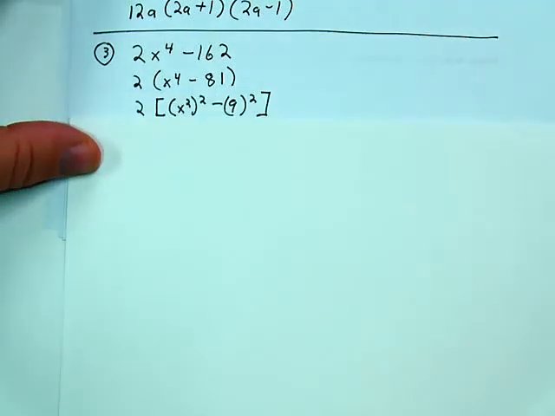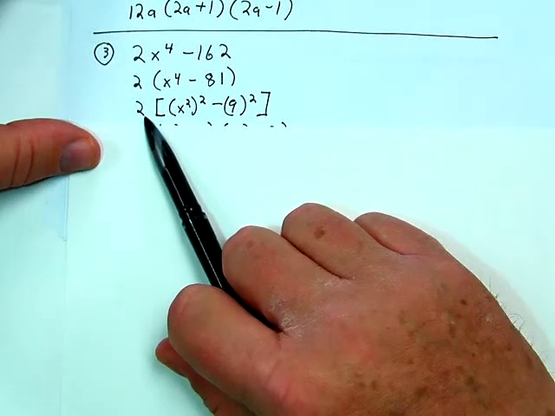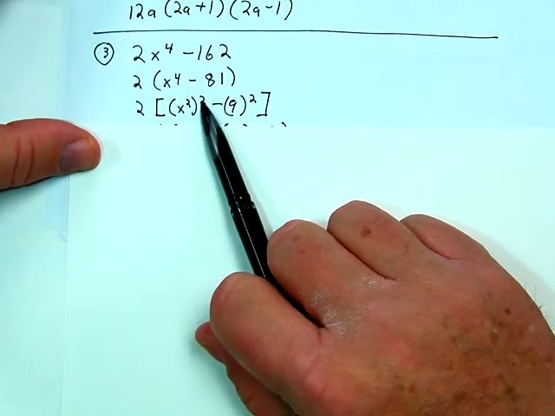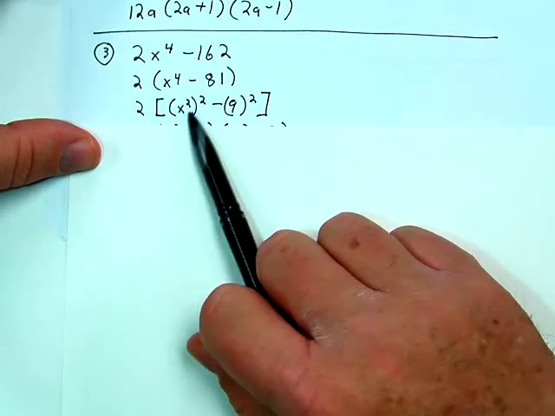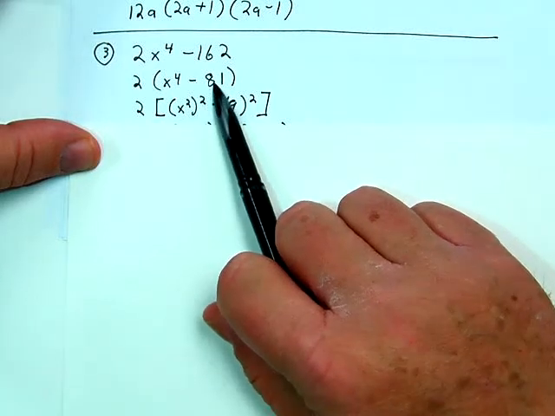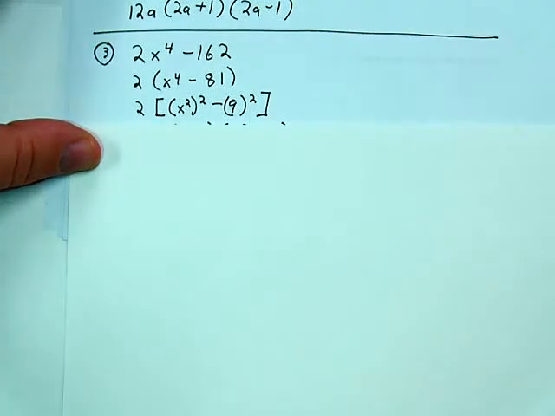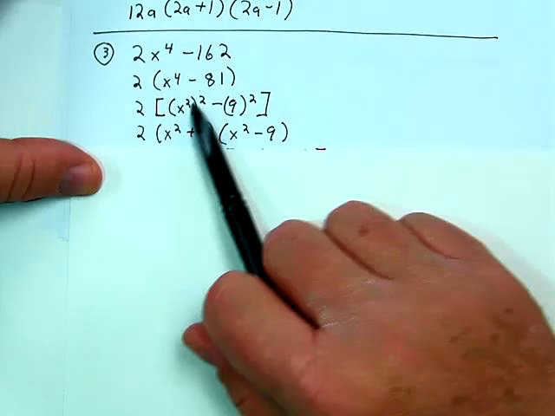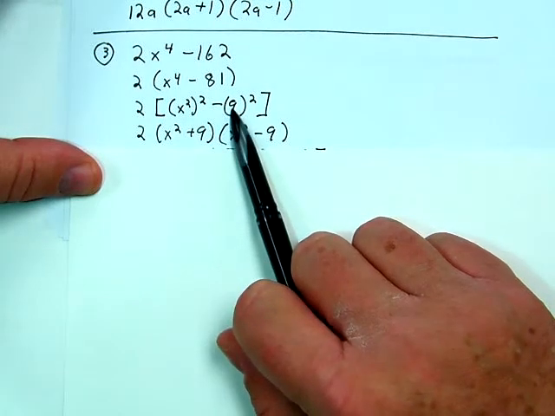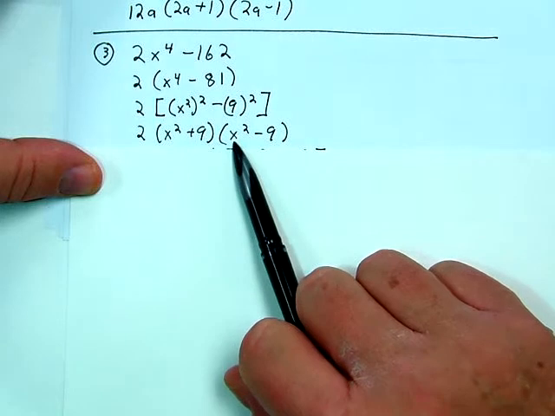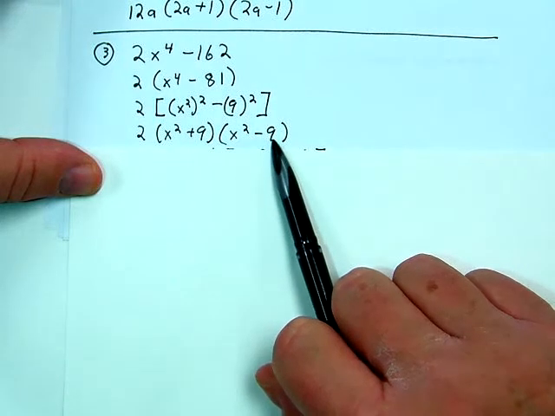So I do that. I change this over to x squared squared. x to the fourth is x squared squared, minus 81 changes into minus the quantity 9 squared. So I've got a difference of squares, so I can immediately factor that out to the first term, x squared, plus the second term, 9, and the first term, x squared, minus the second term, 9.